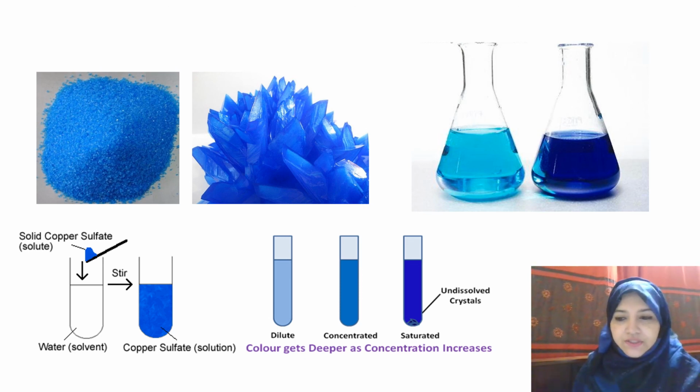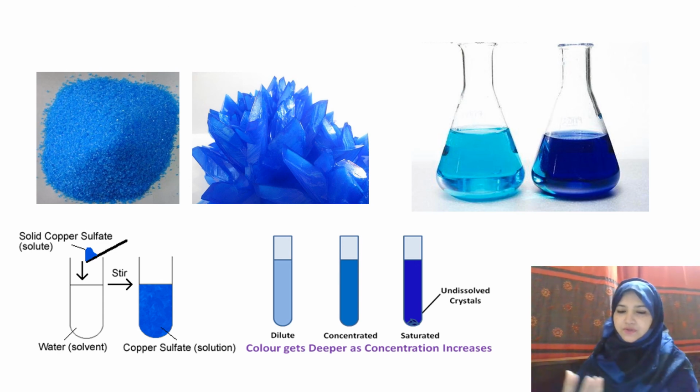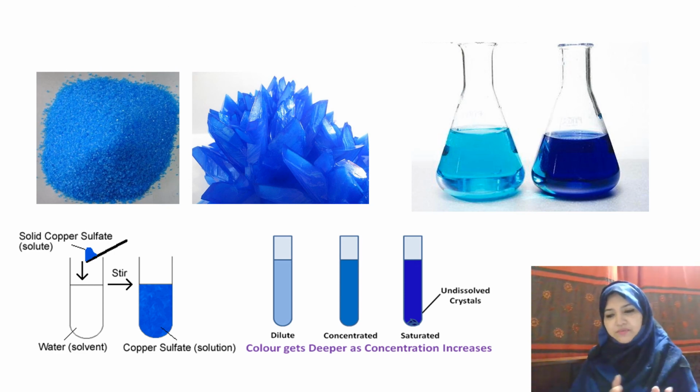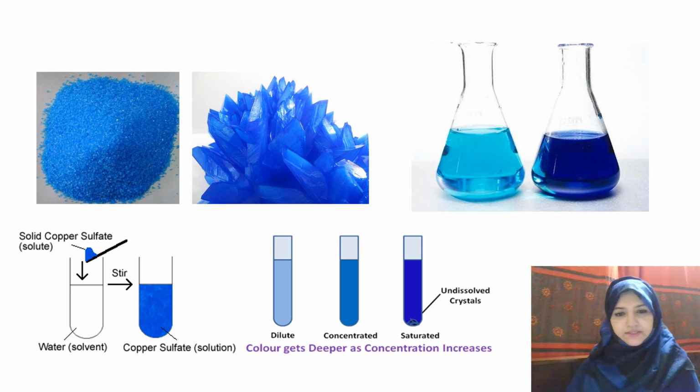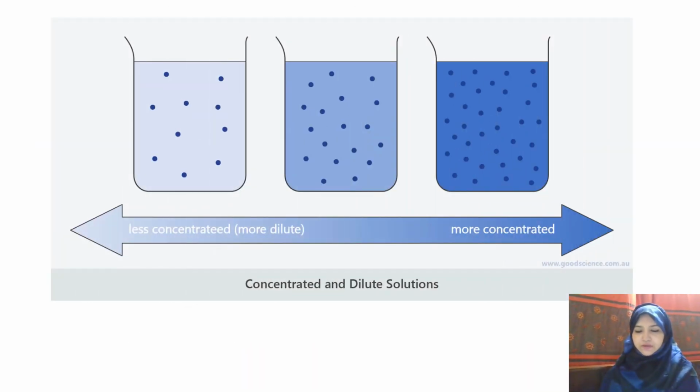And you can now differentiate between dilute and concentrated solutions by preparing a solution with potassium permanganate and potassium dichromate in the same way. Look at this picture now.